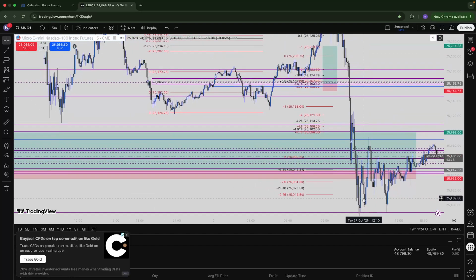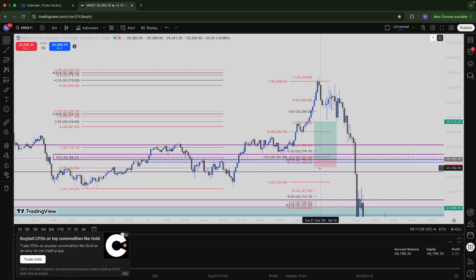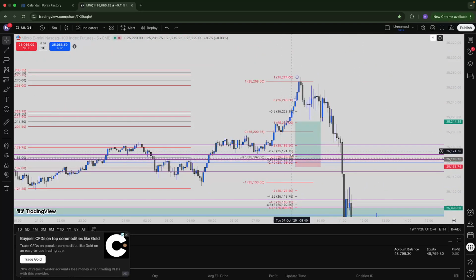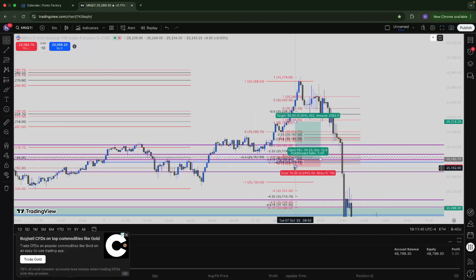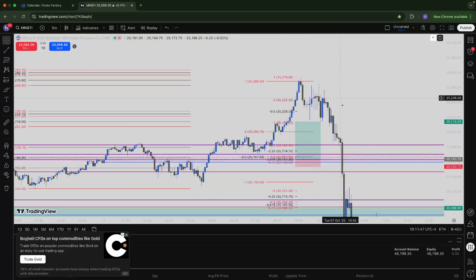Not really a reversal, but you get a bounce back here. We just got stopped through. But yeah, I had this level. It also aligned with this, and with this swing right here, so there were a couple of other fibs that also lined up.